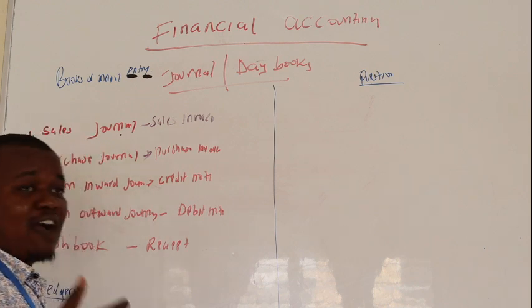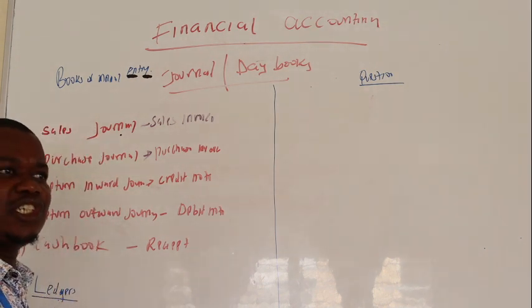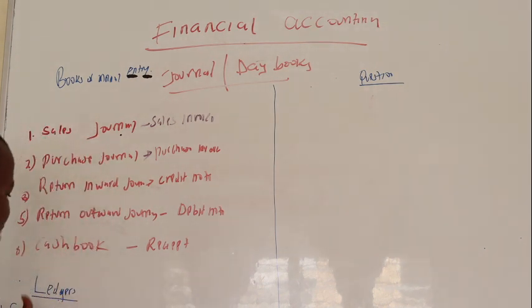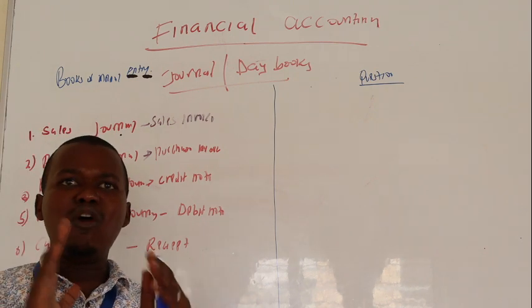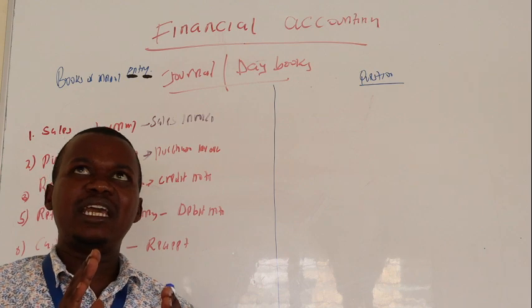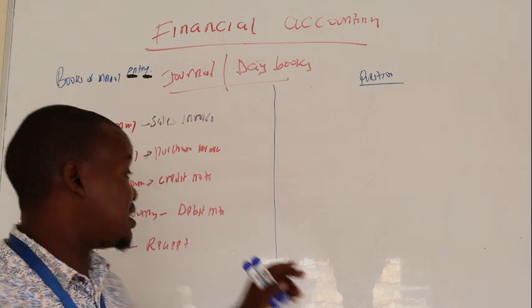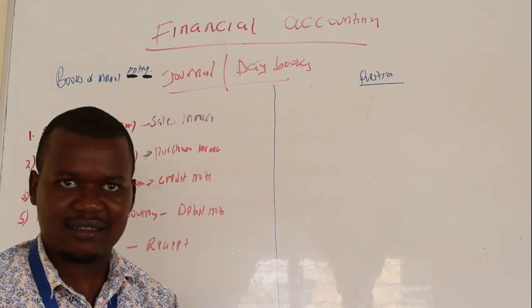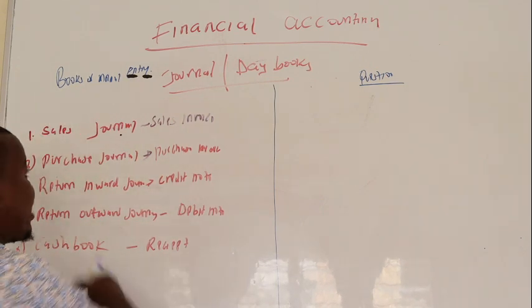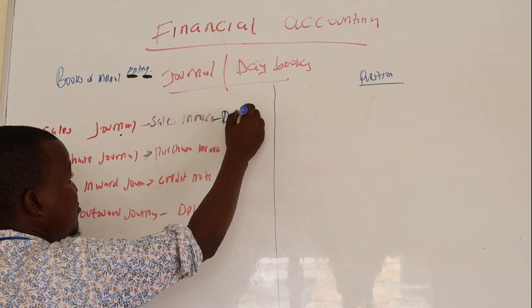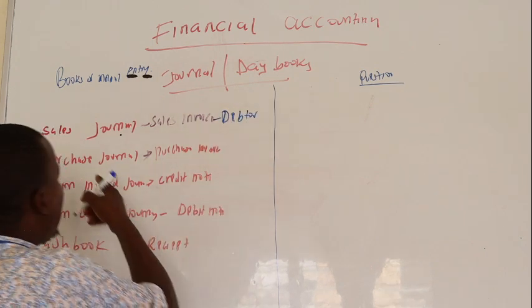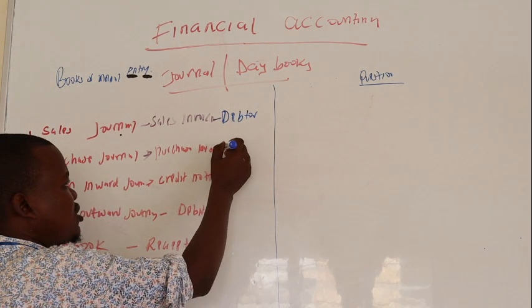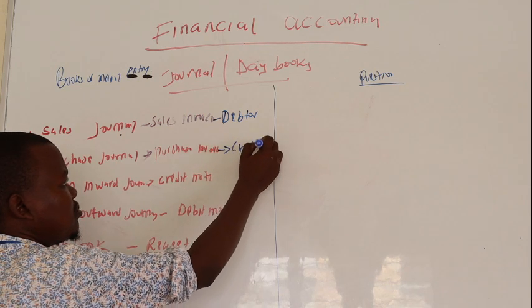After the books of original entry, we shall go to what we refer to as the ledgers. The sales journal records all the debtors. The purchase journal records all the creditors.